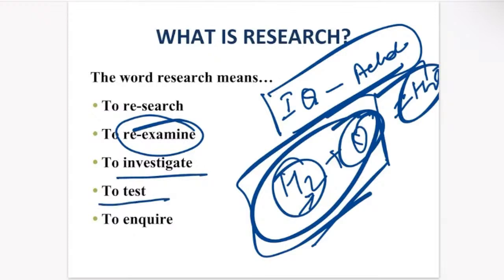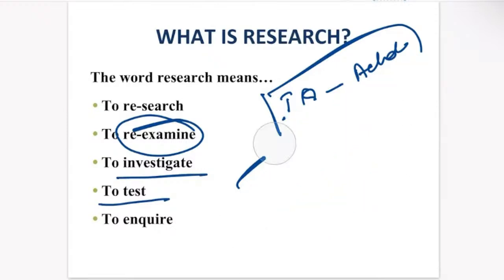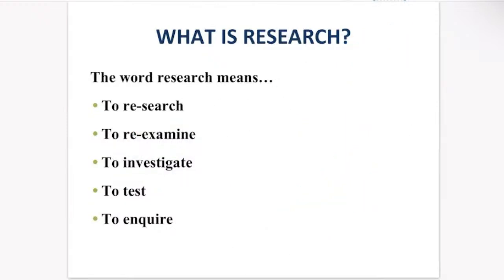We are also testing whatever the other person is saying or has found in their studies: is it right or not? Suppose someone has done a study on academic achievement and IQ relationships in the USA, the United States, and another has done the same in Germany. And now you want to see whether that relationship exists in the Indian context also.